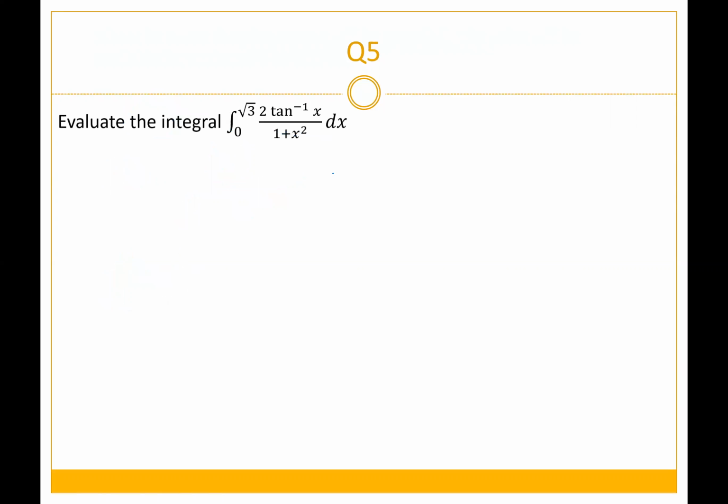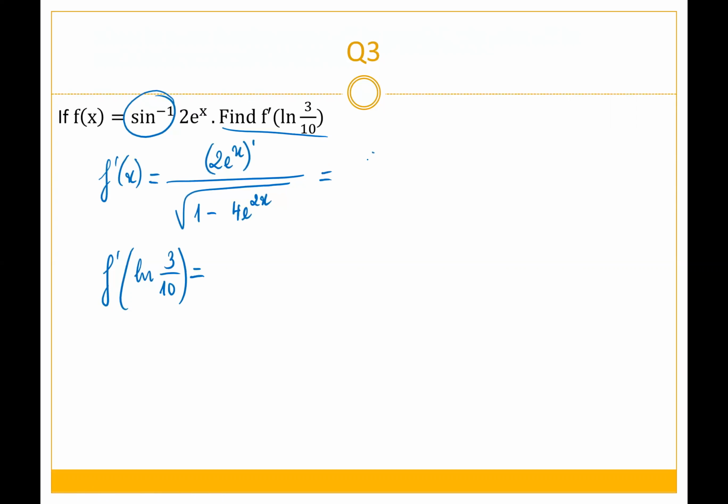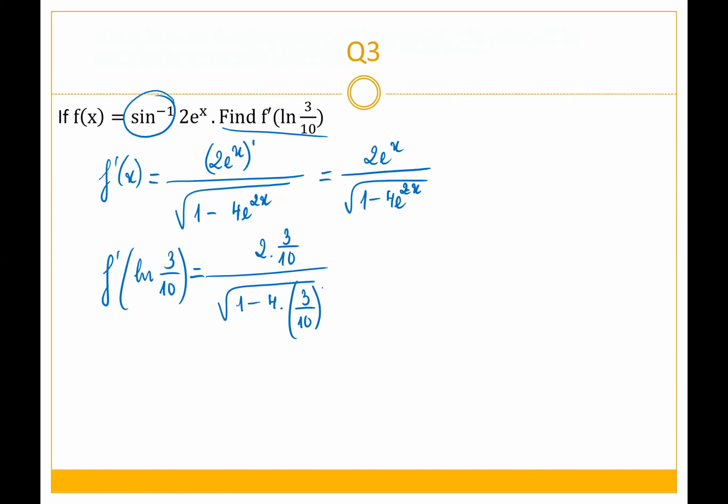This is 2e^x over the square root of 1 minus 4e^(2x). So here we have 2 times 3 over 10 over the square root of 1 minus 4e^(2x), which is 3 over 5 over the square root of 1 minus 4 times 9 over 100, which is 36 over 100.